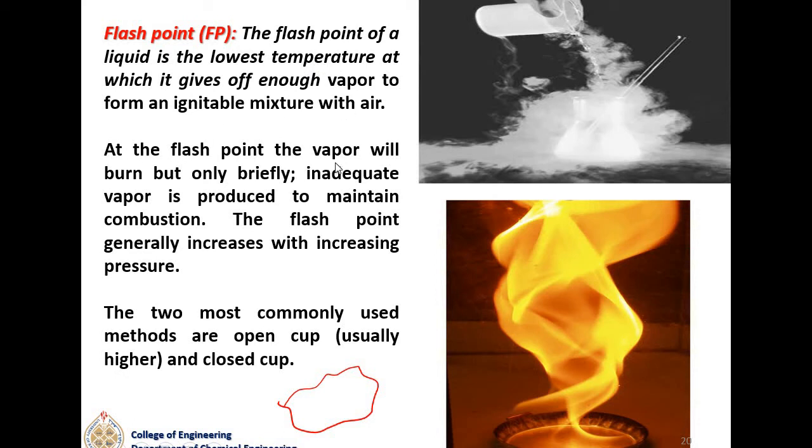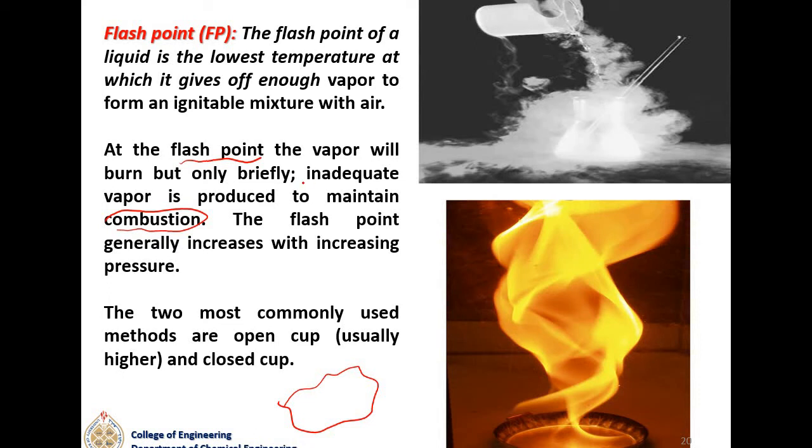So at the flash point, what happens? The vapor will burn, but only briefly. Inadequate vapor is provided to maintain combustion. Okay, so what happens at this flash point? We have little vapor to catch fire, and we have this combustion, but it will not continue. Fire will not continue.